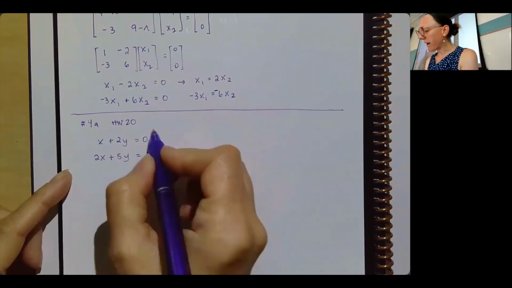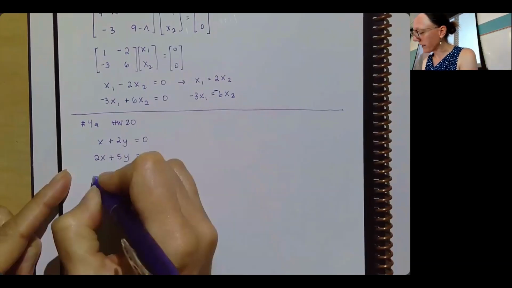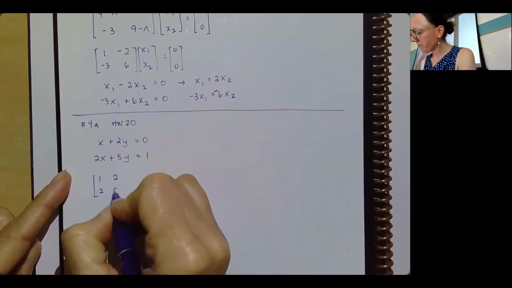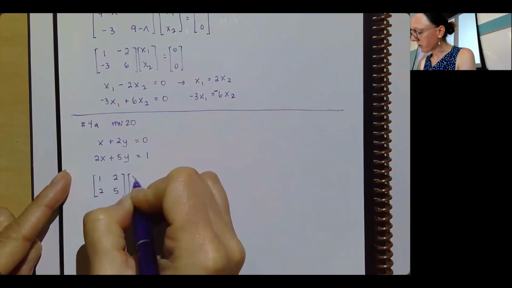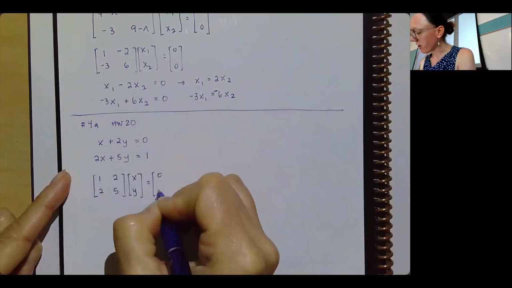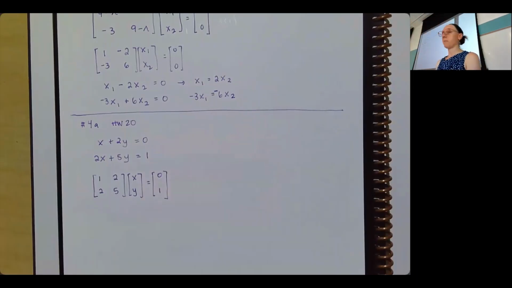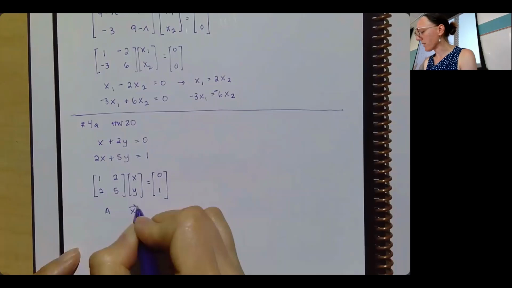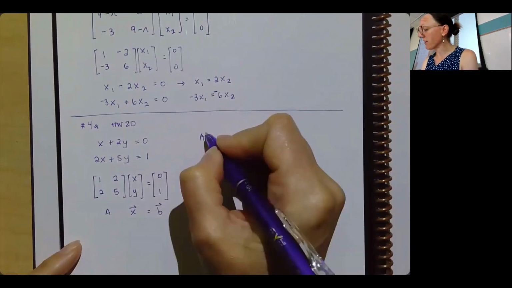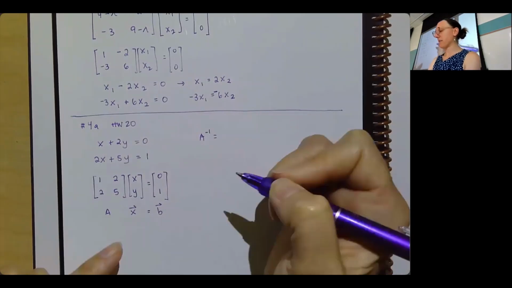So I'm going to rewrite this as the matrix equation, stealing my coefficients, times the vector xy is equal to the vector 0, 1. So I've got Ax equals b.